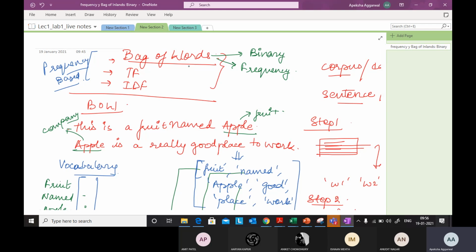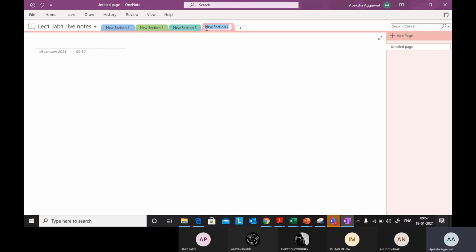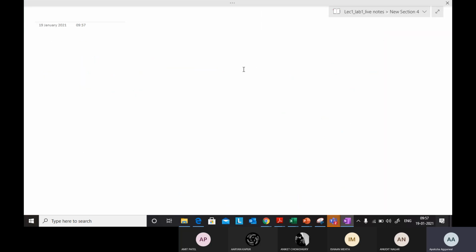So I'm talking about cat so much, so that paragraph should give more weightage to cat because I'm talking about cat in that paragraph, right? This thing is also not retained by the bag of words model. So to remove this, we switch to TF-IDF. Now let's see what TF-IDF is.